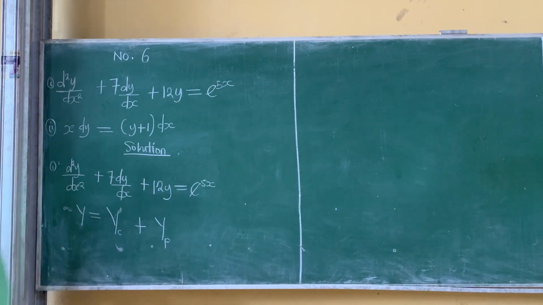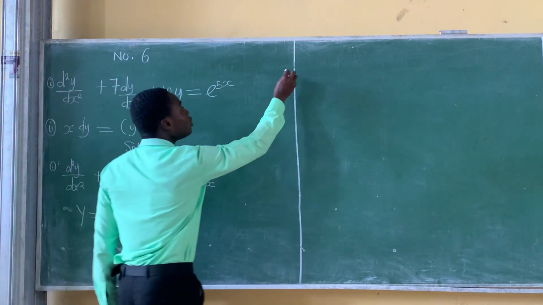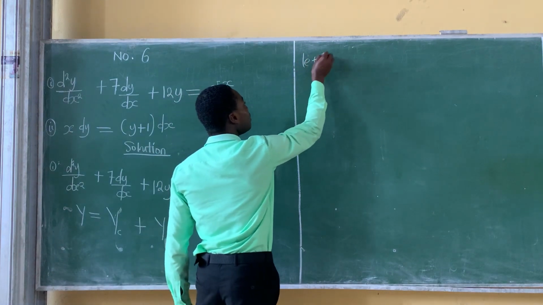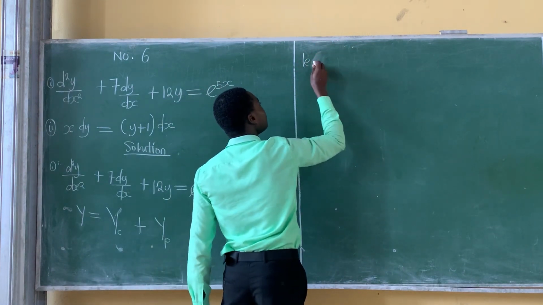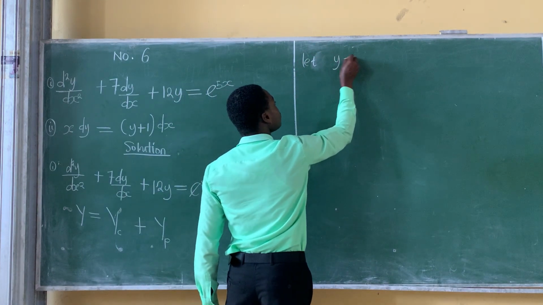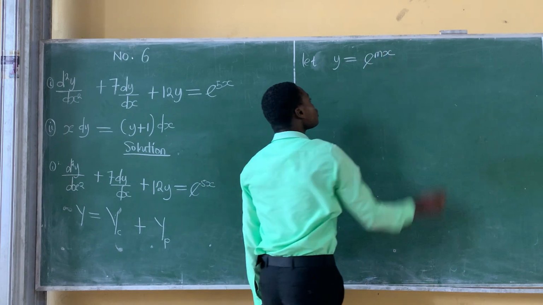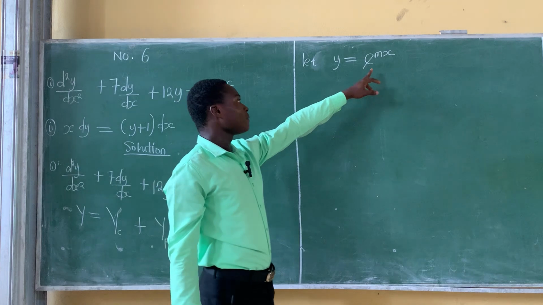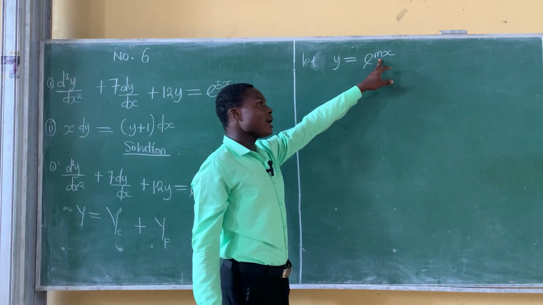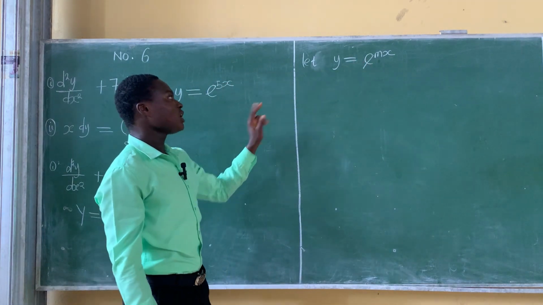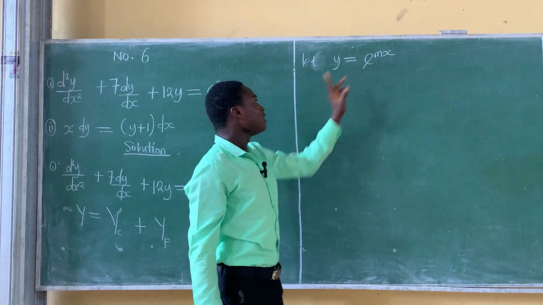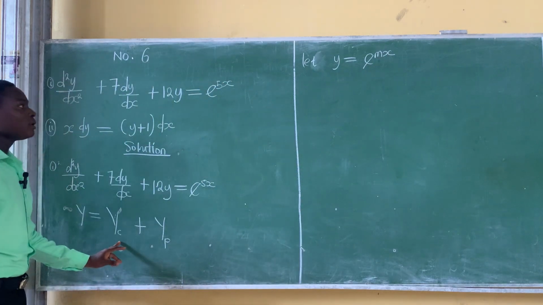To find the complementary solution, you always let y be equal to e^(mx). What you have to do here is find the value of m, which is the root of the given differential equation. If you know the value of m, then you can find the complementary solution.